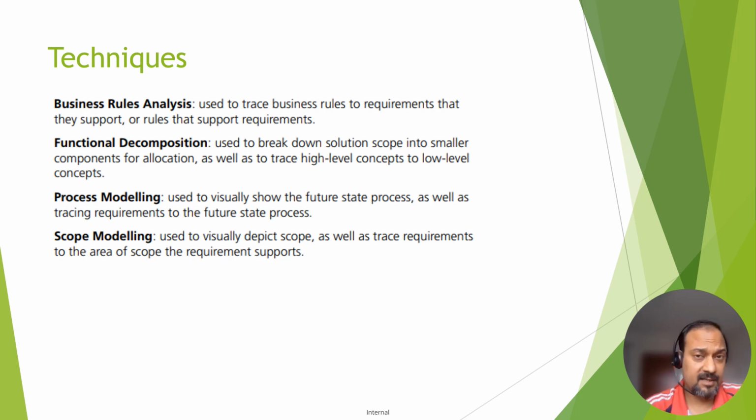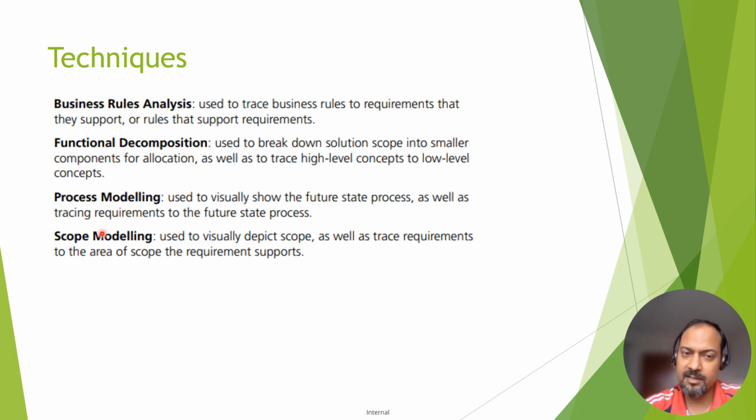Then what are the techniques? We have business rule analysis, used to trace business rules to the requirements they support or rules that support requirements. Functional decomposition, a very famous technique, is used to break down solution scope into smaller components for allocation, as well as to trace high-level concepts to low-level concepts.